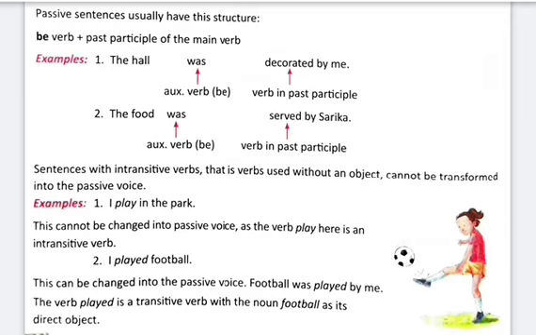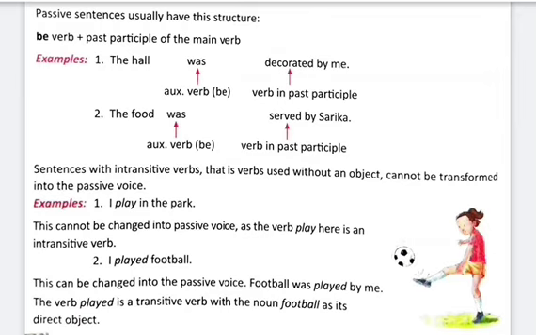So the hall. Now decorated, the main verb in active voice, is in past tense. So we have to change this verb into its passive form. What will be the passive form of decorated? We have to take the help of the be verb, and since hall is singular, the be verb's past form in passive will be was. So the hall was.